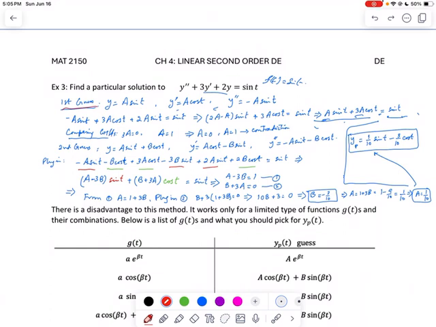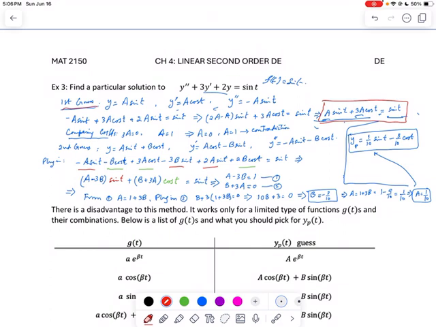So we are comparing the coefficients of sine t on both sides and comparing the coefficients of cosine t on both sides. So from this equation, you notice that there is cosine t only on the left side, and there is sine t on both sides. So if you compare the coefficients of cosine, it will be 3a is equal to 0 because there is no coefficient on the right, so it's 0.